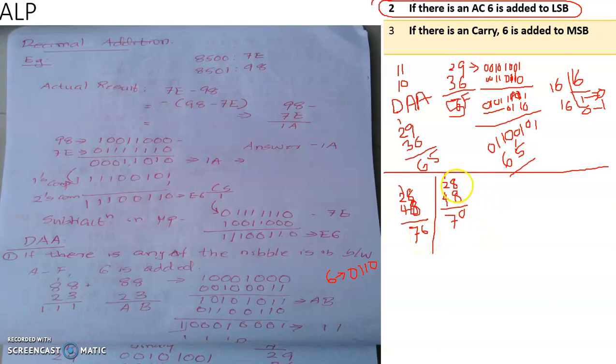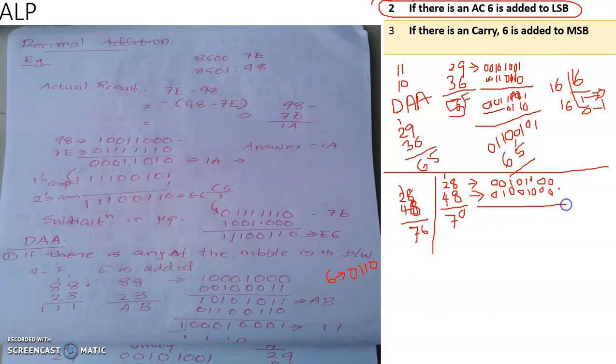To do that, we will have to consider the exact operation performed by the microprocessor or the machine. 28 will be loaded into the accumulator as 0010 1000, and 48 as 0100 1000.